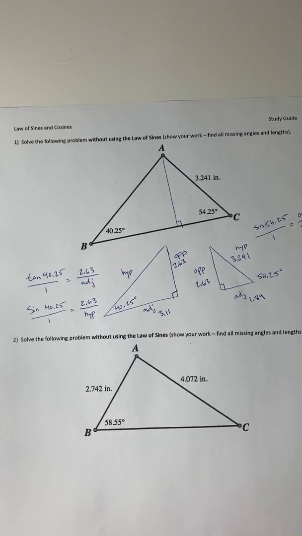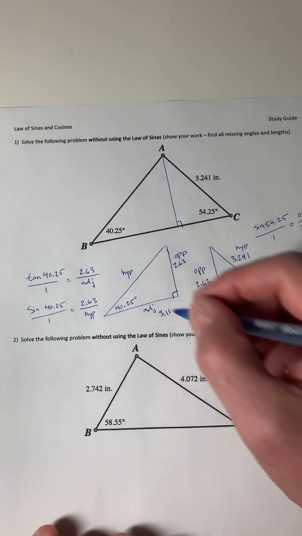And 2.63 divided by the sine of 40.25 is 4.07.